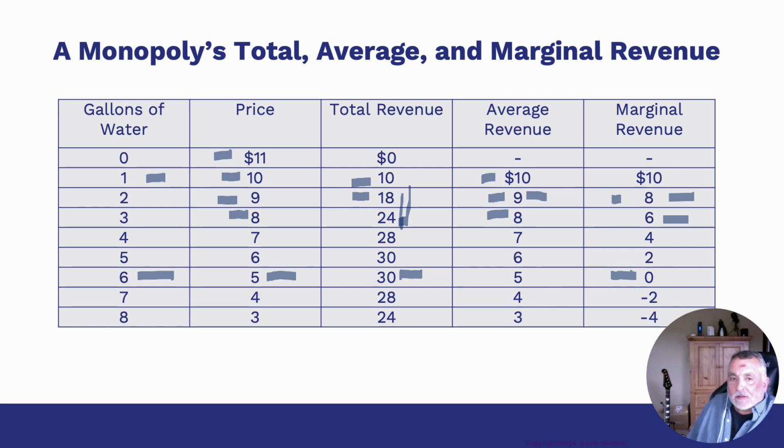So their average revenue is just 30 divided by 5, which is 5. But the difference between here and here is 0. When they've reached 0, they know that they've reached the point where marginal revenue equals marginal cost, and lowering the price further to try to sell more units doesn't make any sense because they're going to start to lose money.